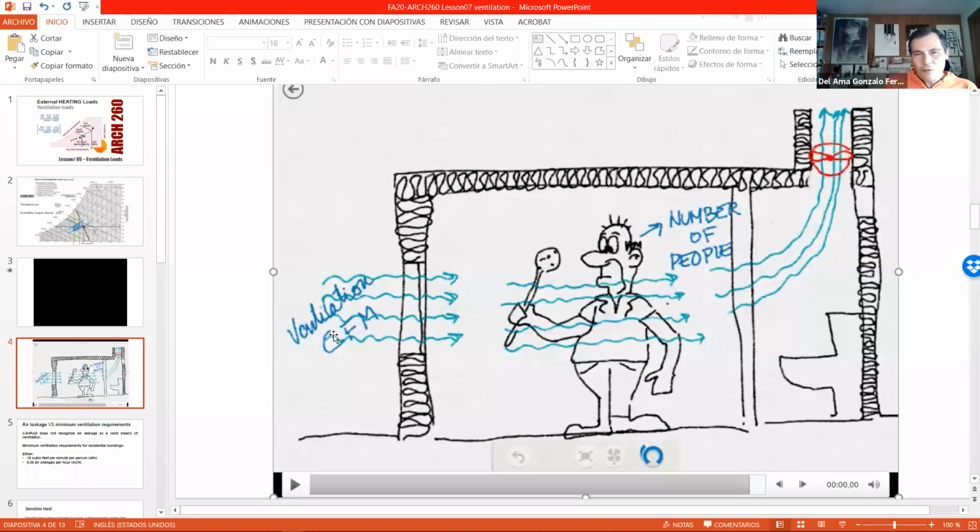The unit that we use to measure the ventilation is CFM, cubic feet per minute. So it's a unit of volume and a unit of time. It depends on the number of people. The more people in the room, the more ventilation, the more amount of fresh air we need. And finally, we have to get rid of this air.